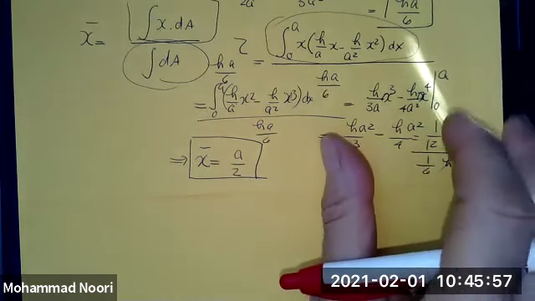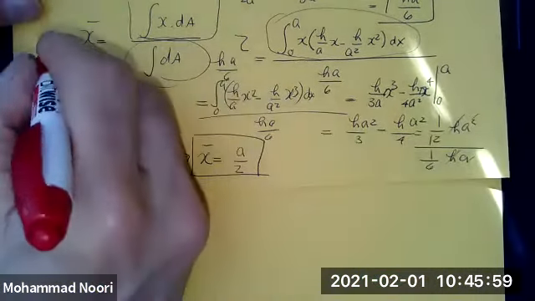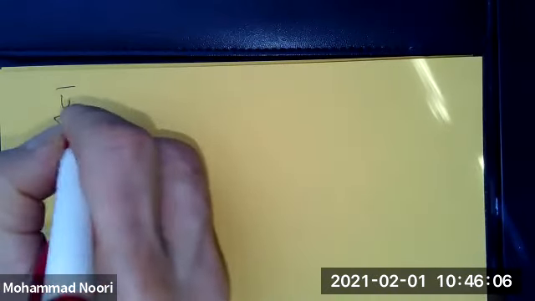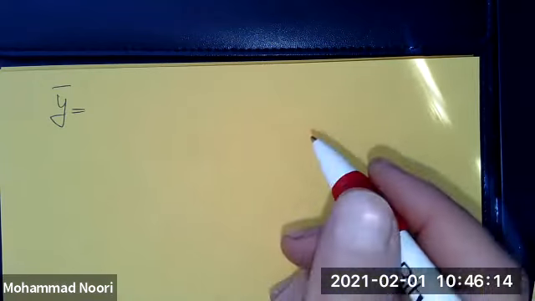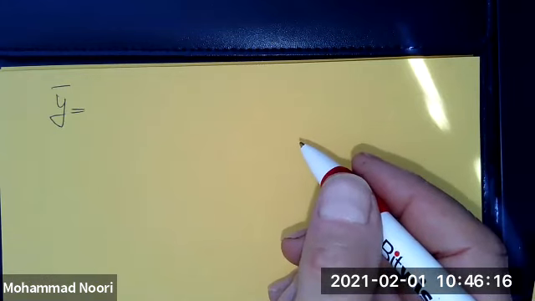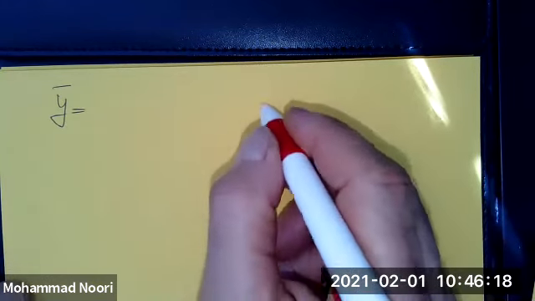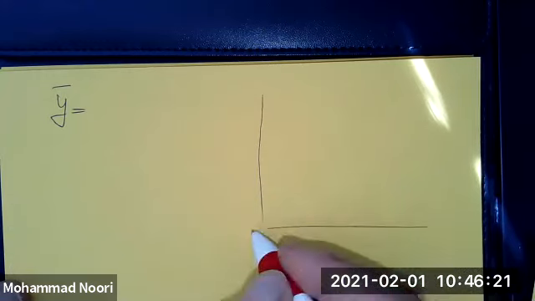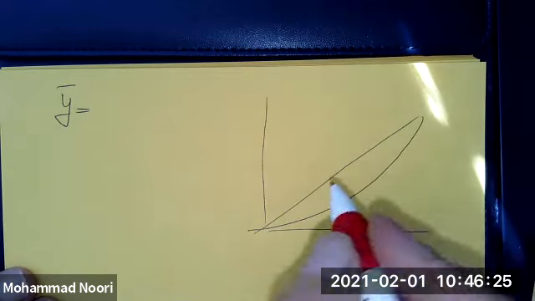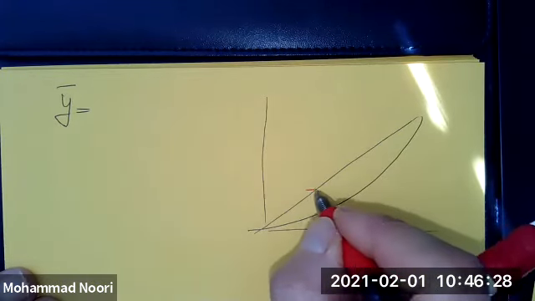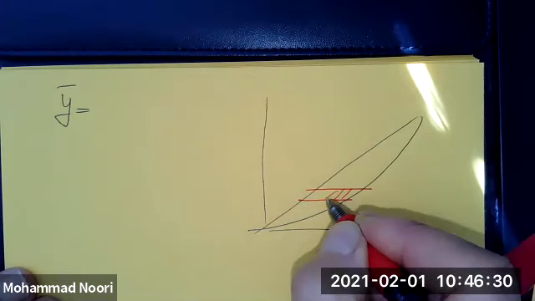You follow the same or similar procedure for finding y bar. For y bar, this is what you do. You look at this shape for y bar, and now you consider a differential area with sides parallel to x.